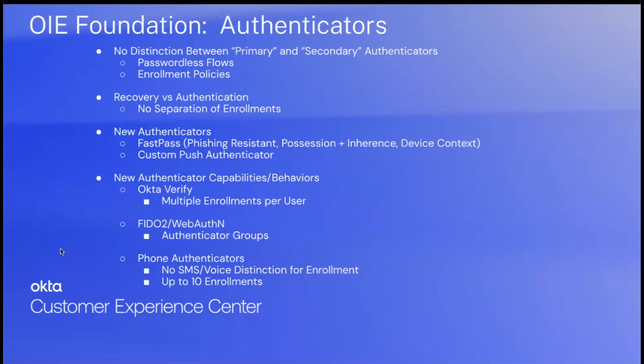It also has implications for your enrollment policies, right? So in Classic, when you have your factor enrollment policies, those policies only apply to what's considered MFA, like the secondary factors. When you get to OIE, those same policies apply not just to your MFA factors, but password's going to get pulled into that as well because it's also just another authenticator.